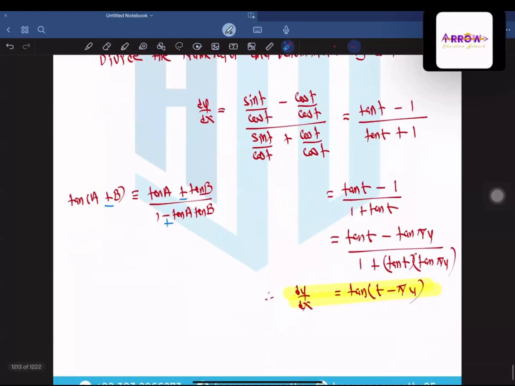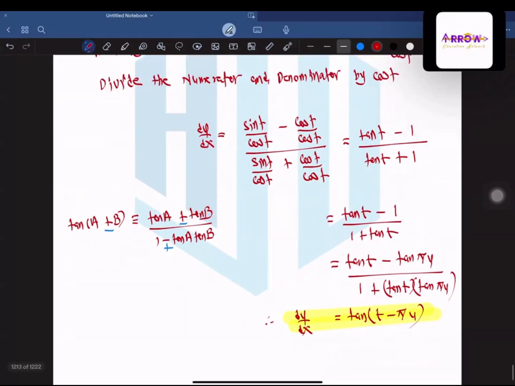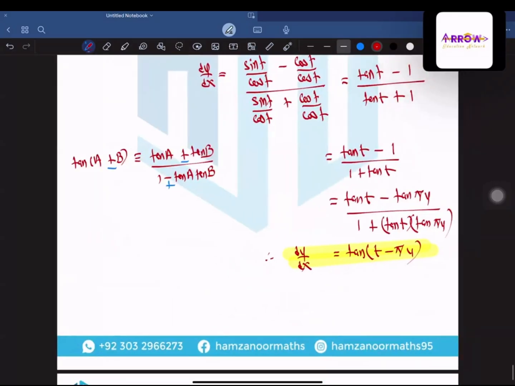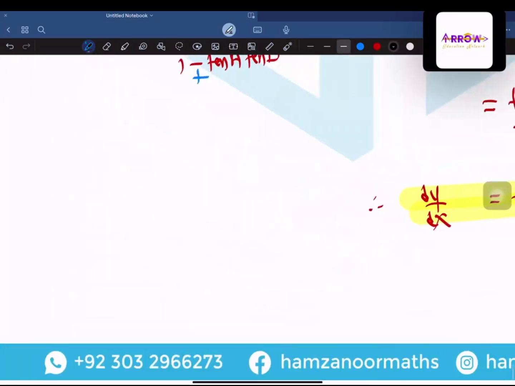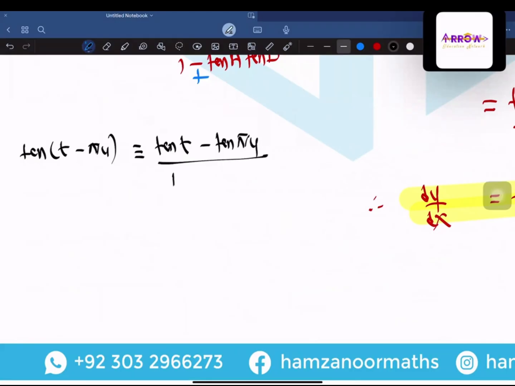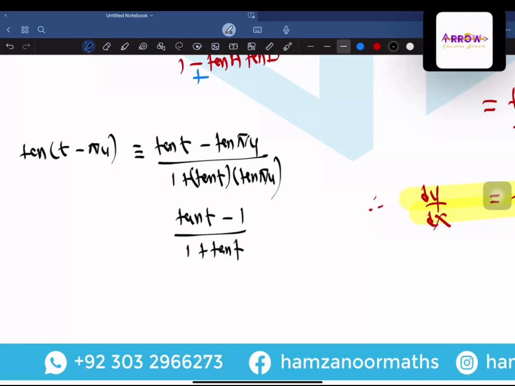Alternatively, what you can also do is start with the expansion of tan of t minus pi over 4. First you expand this. So this will give you tan t minus tan pi over 4 divided by 1 plus tan t times tan pi over 4. And in place of tan pi over 4, you are going to write 1. So tan t minus 1 divided by 1 plus tan t.